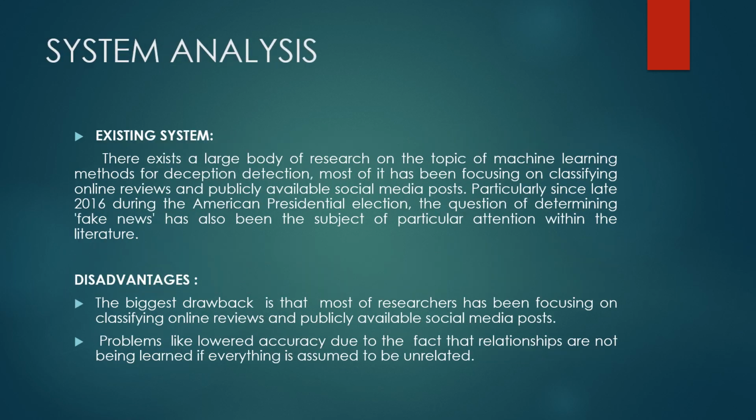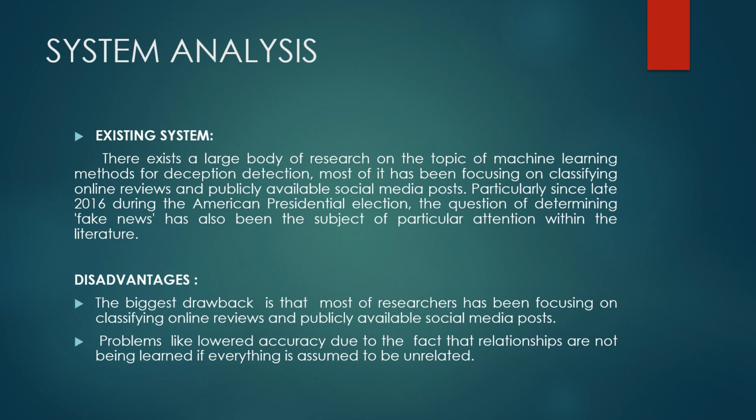What exactly is the existing system, and why are we using natural language processing tools using Python in this project? The existing system is a large body of research on machine learning methods of deception detection. It's nothing but a lot of algorithms used in the previous existing systems.